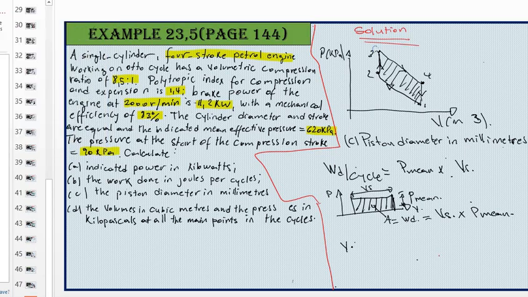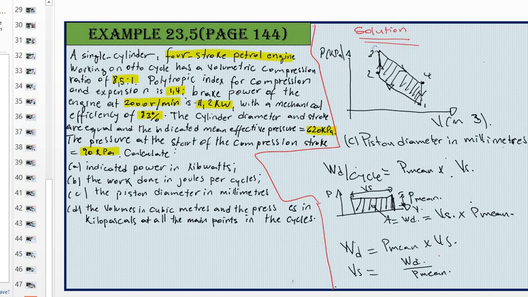So we say that the work done is given by the mean pressure multiplied by Vs. Then we can determine Vs from this relation. If we make Vs subject of formula, it's gonna be the work done divided by the mean effective pressure.